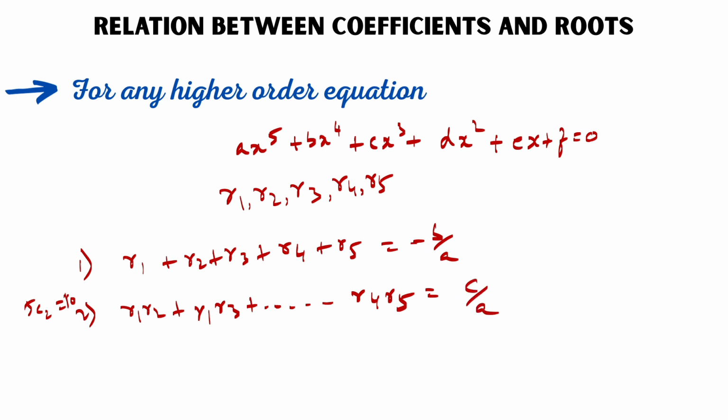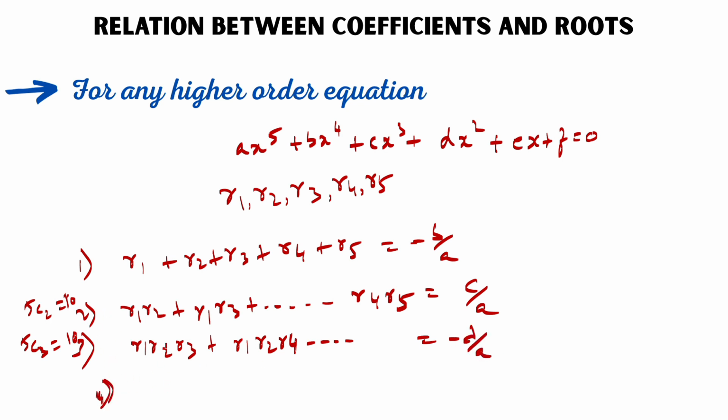Right? Now we will consider three roots: r1 r2 r3 plus r1 r2 r4 and so on. How many terms will we get here? 5c3 terms, and 5c3 is 10. This will be equal to minus d by a. The fourth case is the product of 4 roots: r1 r2 r3 r4 plus r1 r2 r3 r5 and so on.